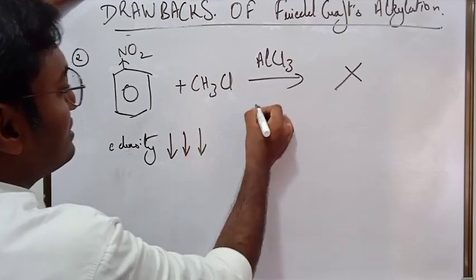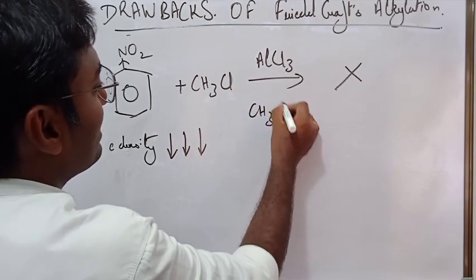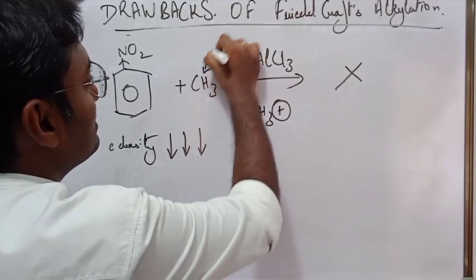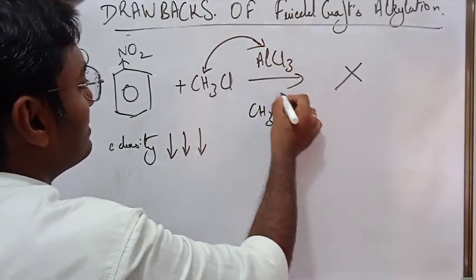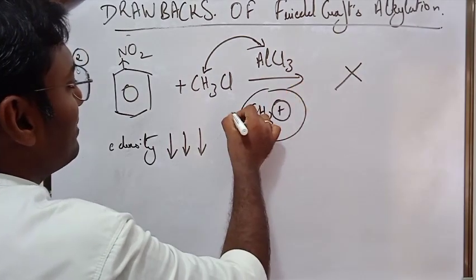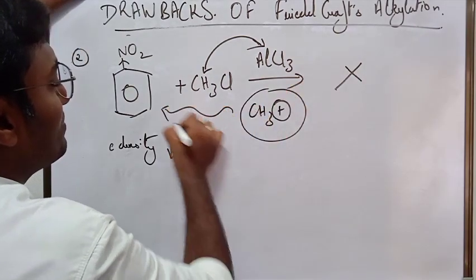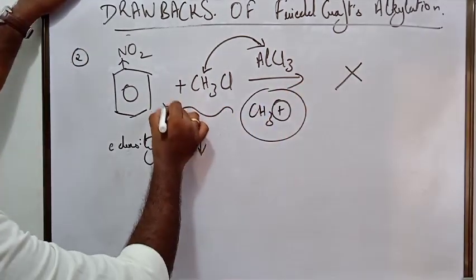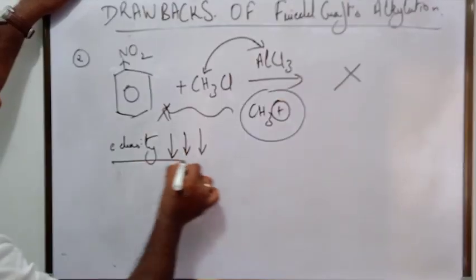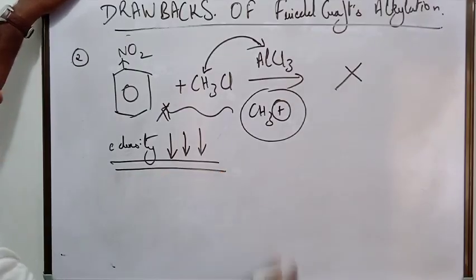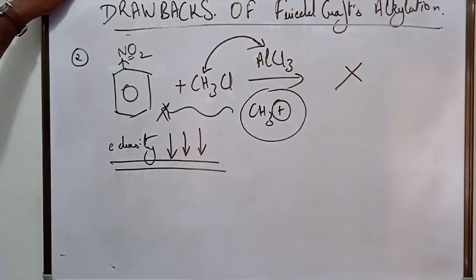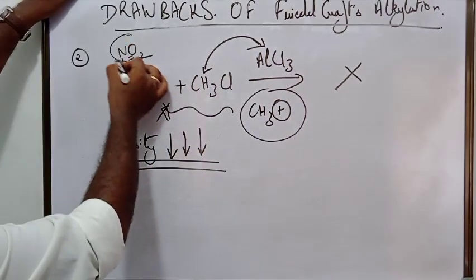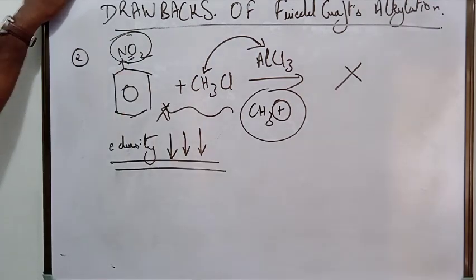So the CH3+ that comes because of the reaction between AlCl3 and CH3Cl doesn't have any kind of attraction towards the benzene ring, because there is no electron density, as the electron density has drastically come down because an electron withdrawing group, a ring deactivating group, is present in the benzene ring.